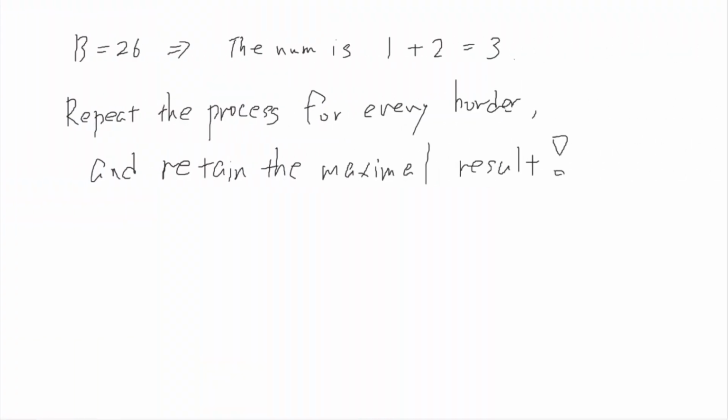Therefore, we get 3 when border B is 26. So repeat this process for every border and retain the maximal result, and the result is the answer.